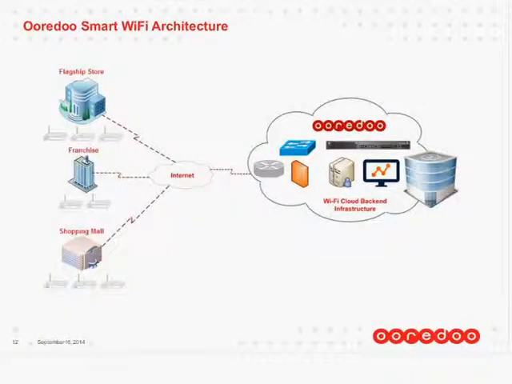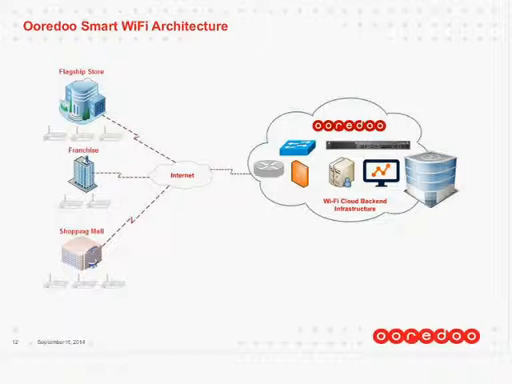The next slide explains the smart Wi-Fi architecture. As I explained before, it's pretty simple. Either you have a flagship store or a franchise or a shopping mall or even a small outdoor kiosk, all you get is an access point with the fiber cable. That's all provided and designed by Ooredoo.